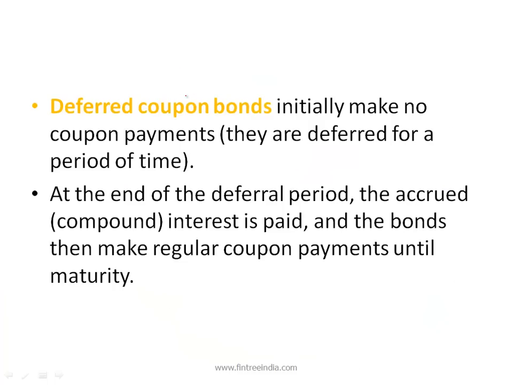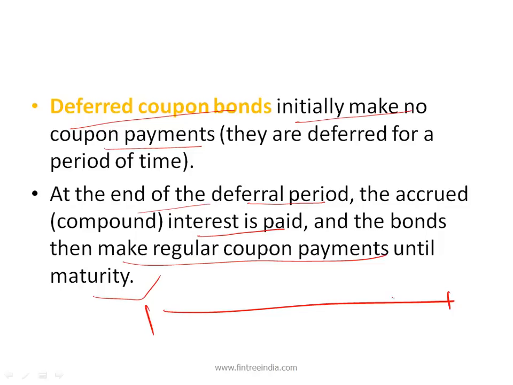Okay. Deferred coupon bonds, it would initially make no coupon payments, and then at the end of time of the deferral period, the accrued interest is paid, and the bond would also make regular coupon payments until maturity. So if there's a bond with life of 10 years, this is time 10, this is time 0. You purchase the bond here.